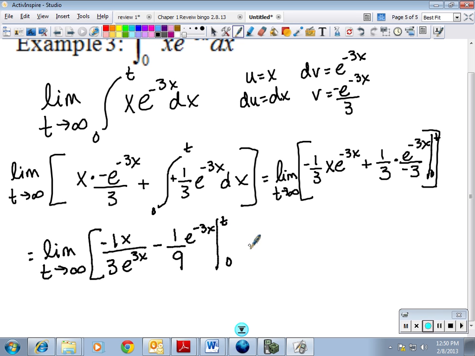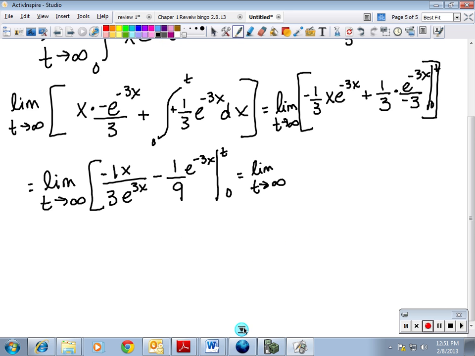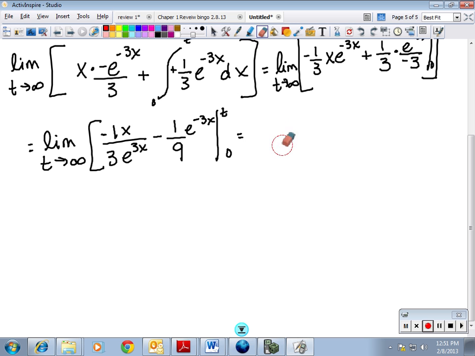So now I'm going to evaluate it. Again, just pretend the limit follows. Okay, fine, I'll just write it. As t approaches infinity, and I'm going to need a whole other line.